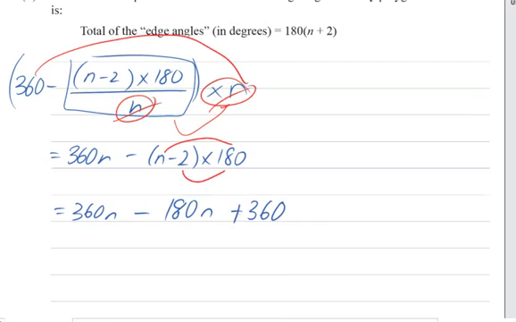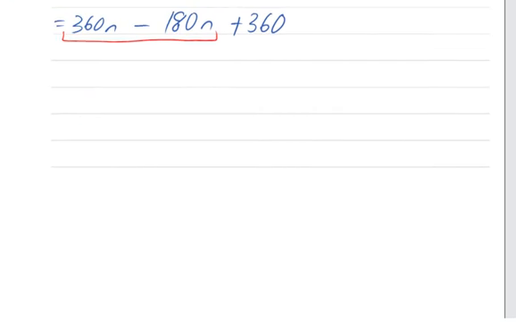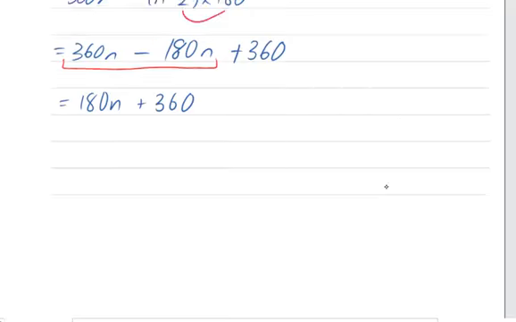Alright, so let's collect our like terms. So I've got 360n minus 180n. What's that going to be? 180n plus 360. Now I'll go back to the initial question and see how it compares with what we've got.